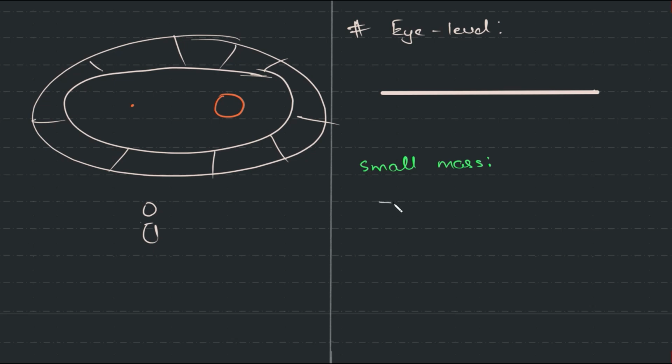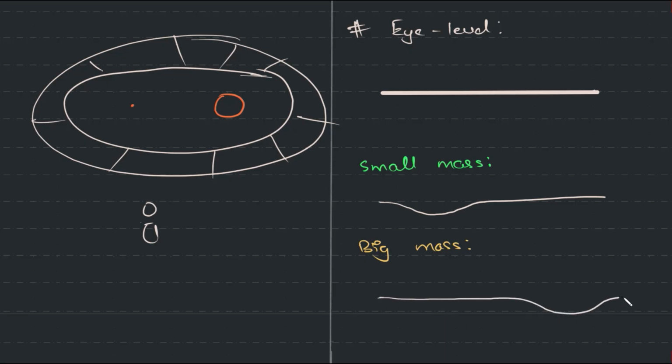You will see a small bump like this. For a big mass, you will see a bigger bump like that. If I remove the small mass and put a lot heavier object, I'll see a lot more bending.